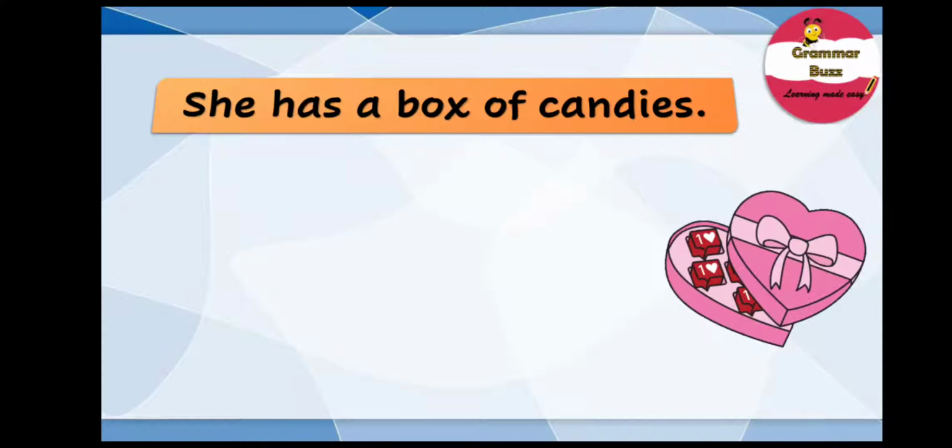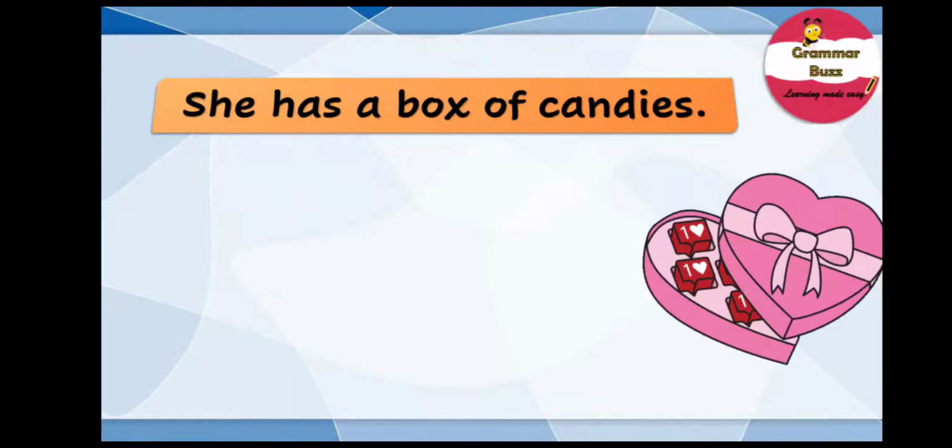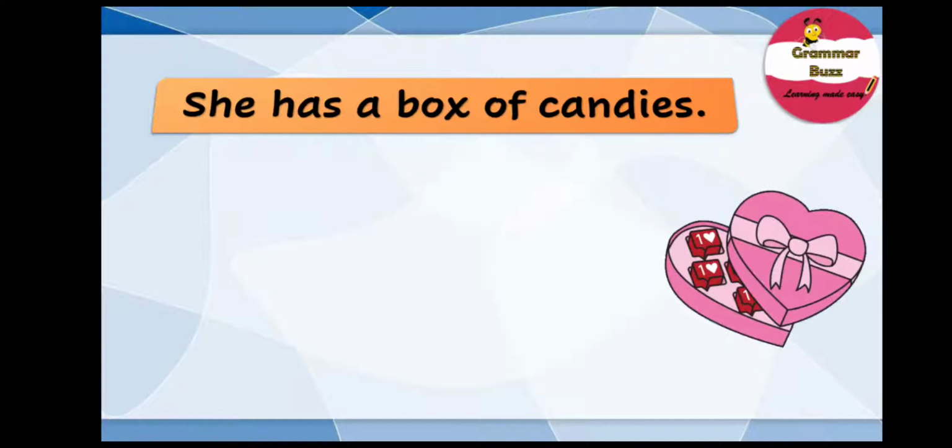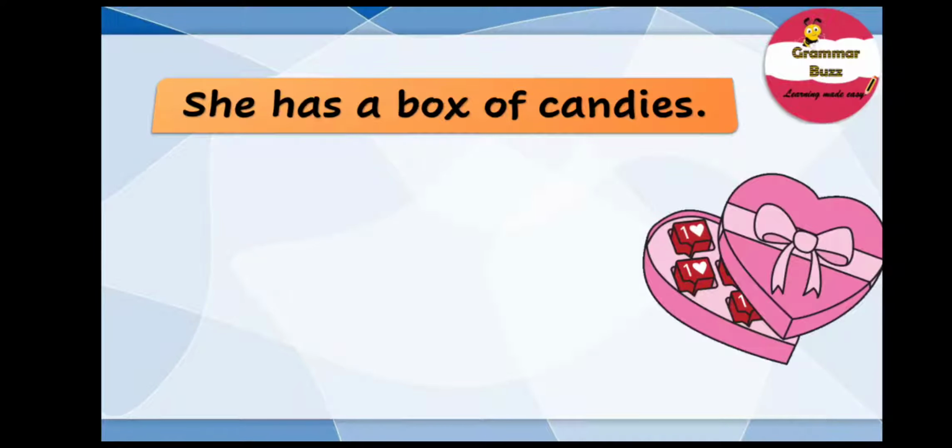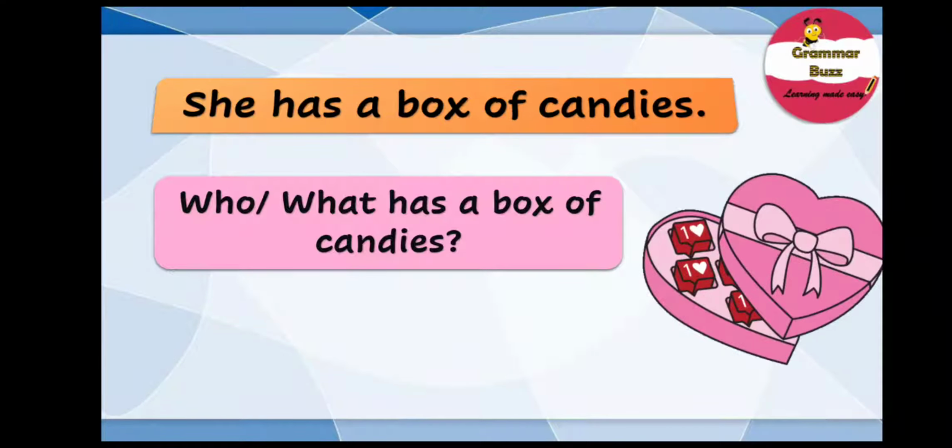Well, first we need to identify the verb in the sentence. What is the verb in this sentence? It is has. Now to find the subject, we need to question the verb with who or what. So, we can say who or what has a box of candies. In this case, what has a box of candies does not give any answer to us. But if we say who has a box of candies, of course, your answer will be she.